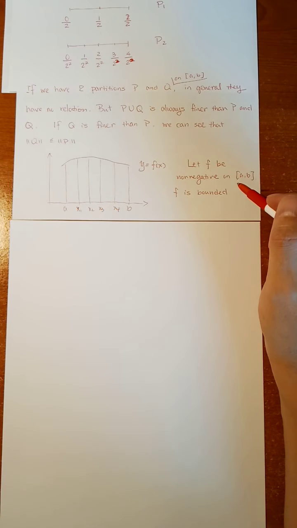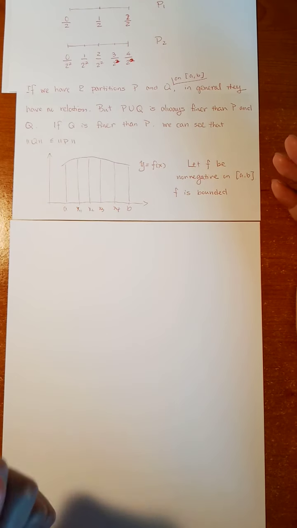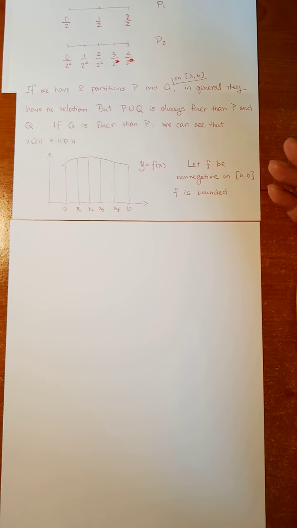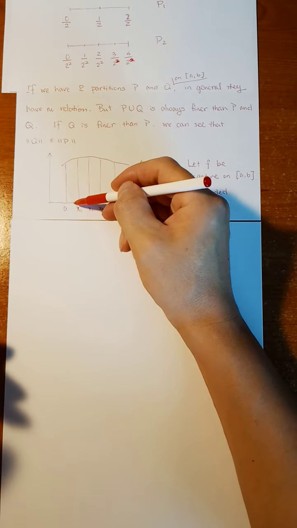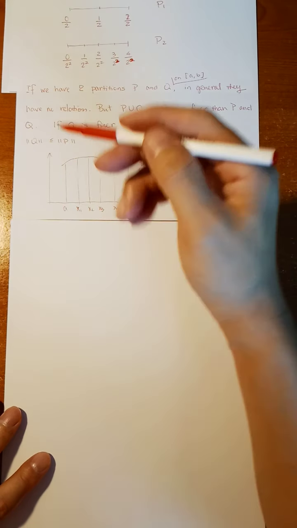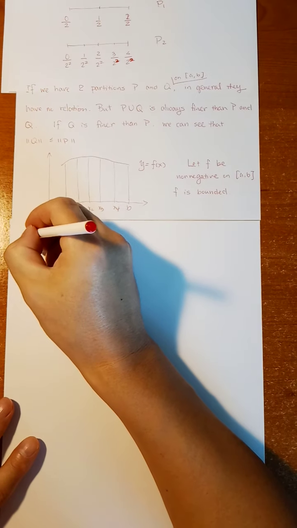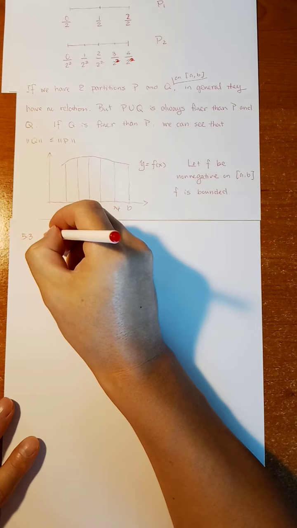Arbitrary sample point. But here we are going to study another version of a Riemann sum. We do not randomly pick a sample point. We are going to always choose some special values.